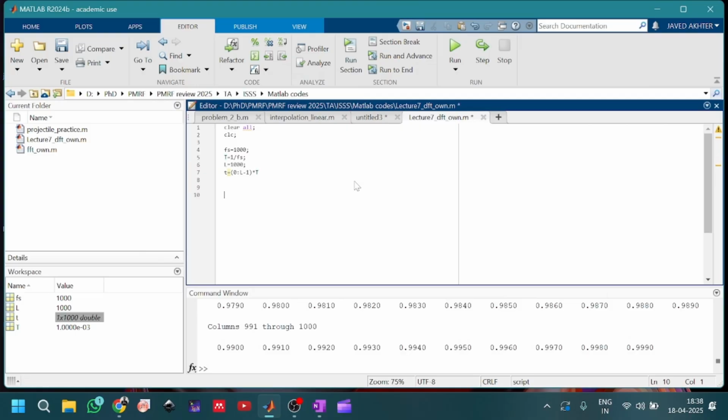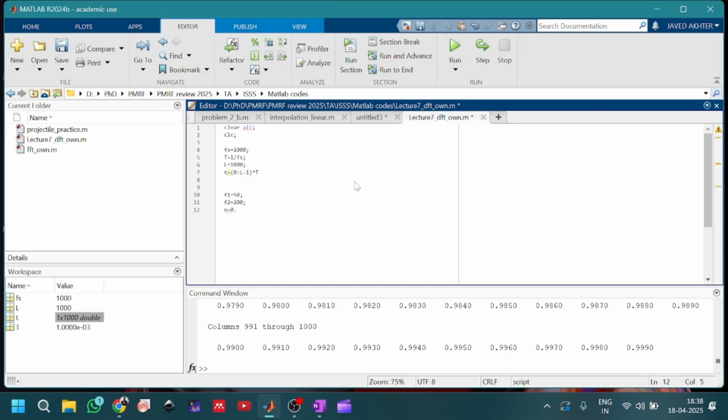Let us create a signal which is the summation of two sinusoidal components. For example, f1 may be 50 hertz, and then we will have f2. Let us say this frequency is something around 200. Let us create the x vector, the independent vector.